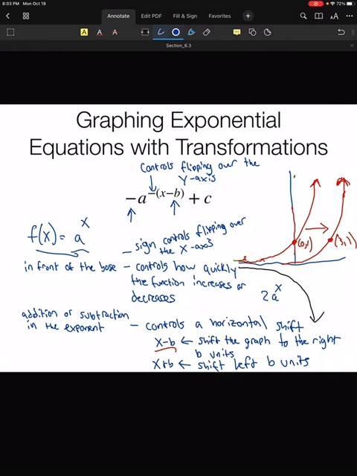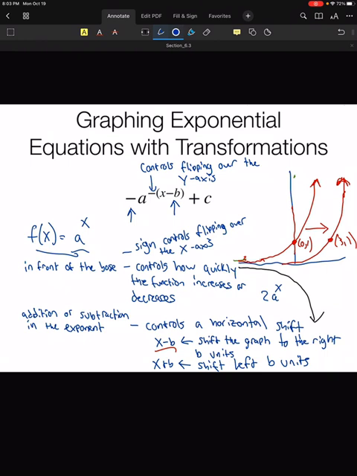In my mind, that never made sense to me when I was going through, and I still have to fight against it. I always think plus would be to the right and minus would be to the left for some reason, maybe because of the way we work with number lines. But in fact, minus is to the right, plus is to the left. So make sure to keep that straight.